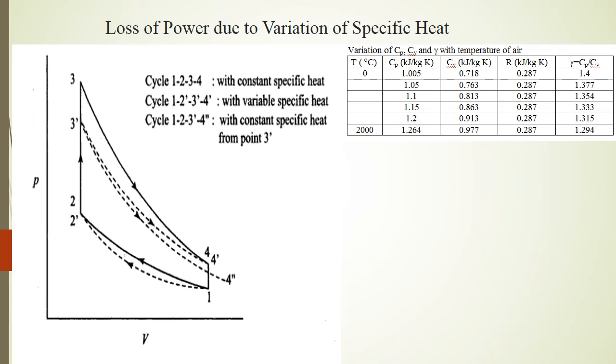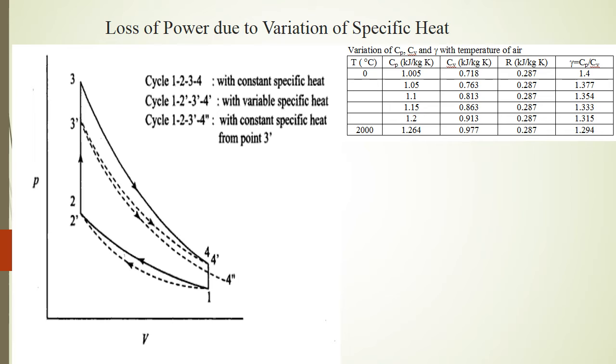So we can say that the magnitude of T2 dash depends on gamma, that is the ratio of specific heats, for the given values of T1, P1 and compression ratio. In constant volume combustion, the temperature at the end of combustion will be lower, represented by 3 dash instead of 3. It is because the temperature rise due to a given heat release decreases as Cv increases, and also because the temperature at 2 dash is lower than at 2.